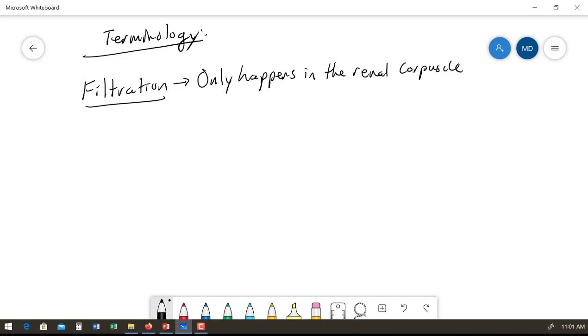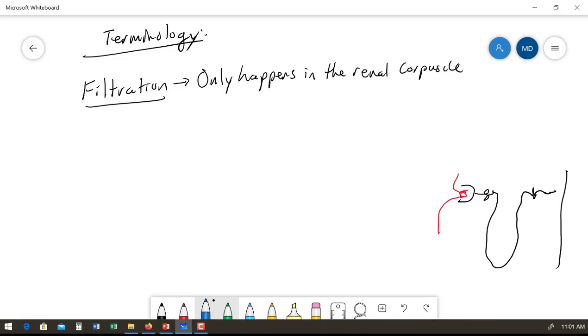So filtration is taking place from the blood moving through the glomerulus. So in other words, if I redraw in a small form over here my nephron, here's my nephron, here's my blood supply coming in. Filtration is only happening here. That's the only place in the nephron that filtration happens, and so you should be very clear about that.